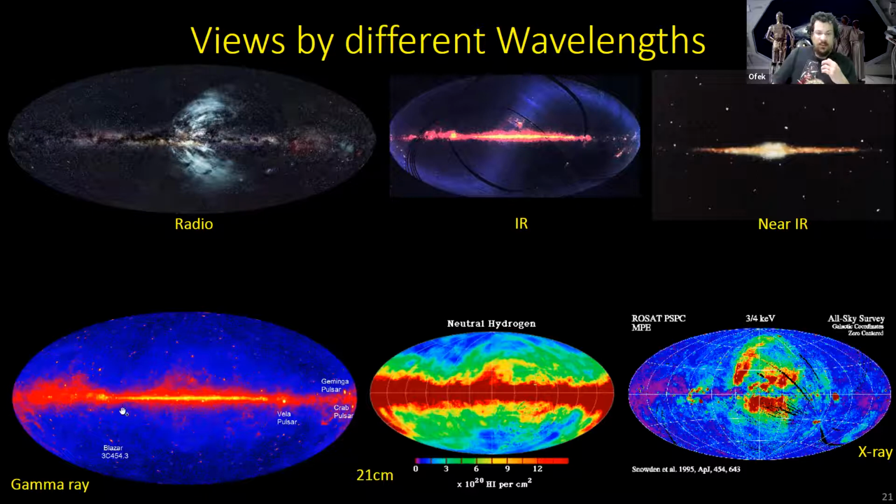Interestingly, you can see a few sources in gamma ray in the galaxy, which are as bright as the full center of the disk. So the Vela pulsar, the Crab pulsar. The Crab pulsar is the center of the M1 Crab Nebula in the constellation of Taurus. Geminga pulsar, these bright yellow objects are very, very bright in gamma rays. We might talk about them a little more next week.